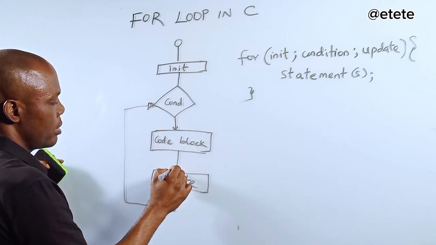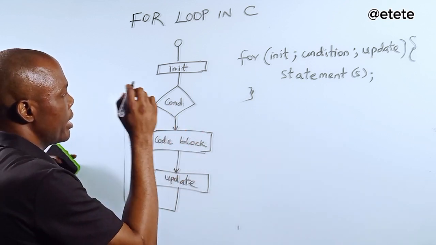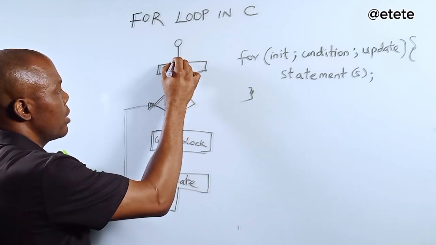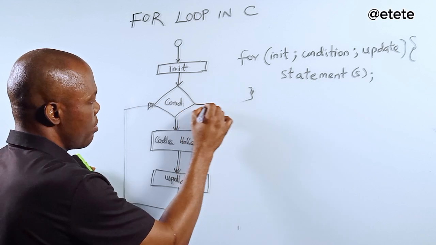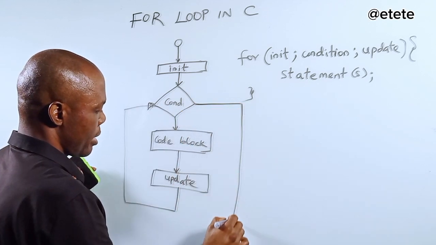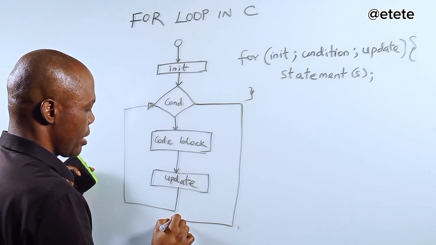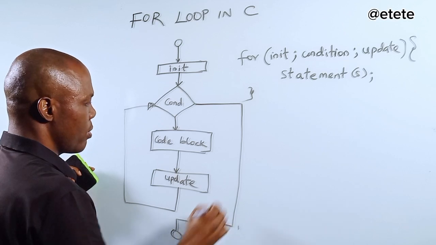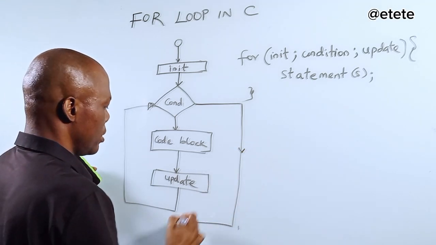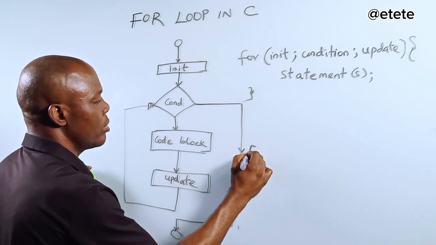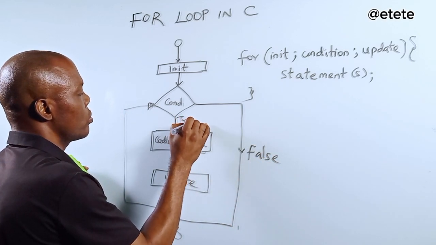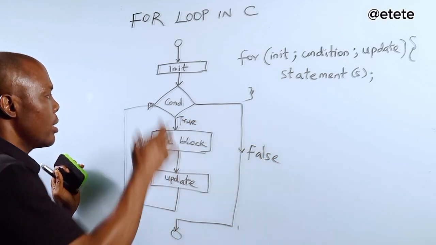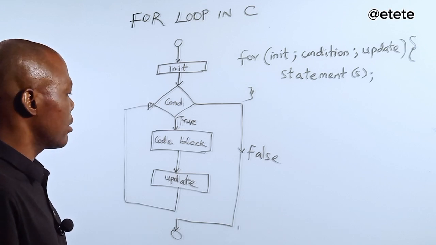Now, if the condition is false, I will come here and I will go out. This is my flow chart.